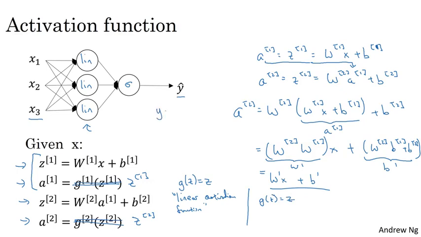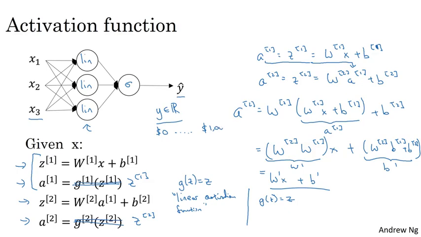So if y is a real number. So for example, if you're trying to predict housing prices, so y is not 0 or 1, but is a real number, anywhere from, I don't know, $0 is the price of a house up to however expensive houses get. I guess maybe houses can be potentially millions of dollars.